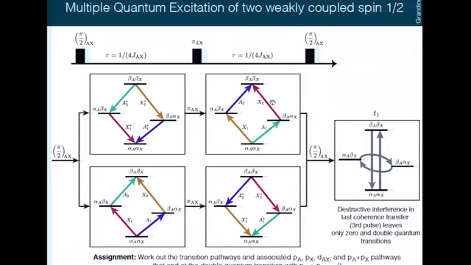So this one may move over here, it may move over there. This one may move over there, but it cancels the other ones as they come over. So the result is that the single quantums are all out of phase and cancel each other destructively, and the only ones left standing are the double and the zero quantums. All right? So that's a classic block that we use all the time, and you can work out the transition pathways for that.